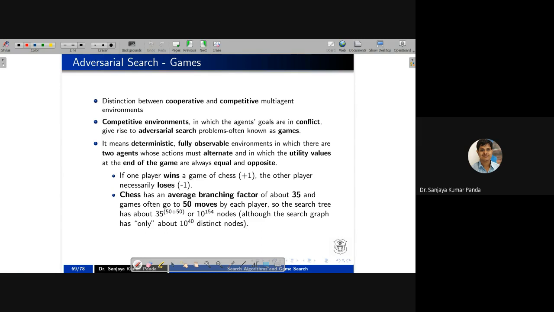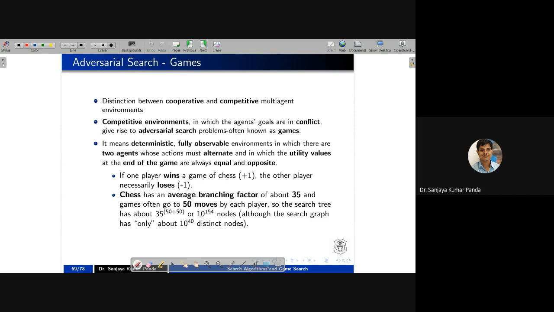Okay, now coming to game search. The way you have seen the different kinds of search, whether blind search or informed search. When you go for different kinds of game design, you will find there are multiple players, right? So you have to create an environment which is cooperative as well as competitive.